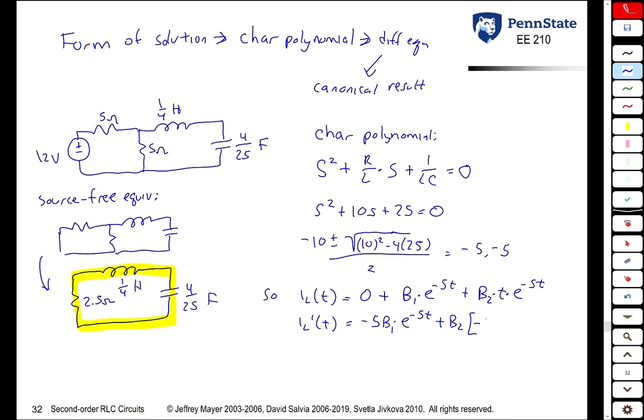So that's t times minus 5 e to the minus 5t plus the second, e to the minus 5t, times the derivative of the first, which is just 1. All of that times B2. So we have two equations, one for IL of t, one for IL prime of t, and two unknowns, B1 and B2. So we need two initial conditions to solve for those.